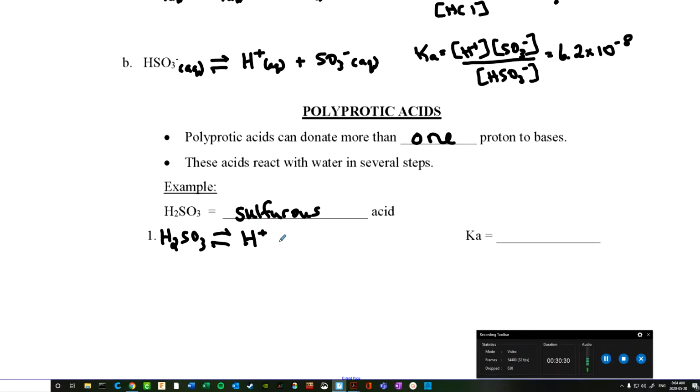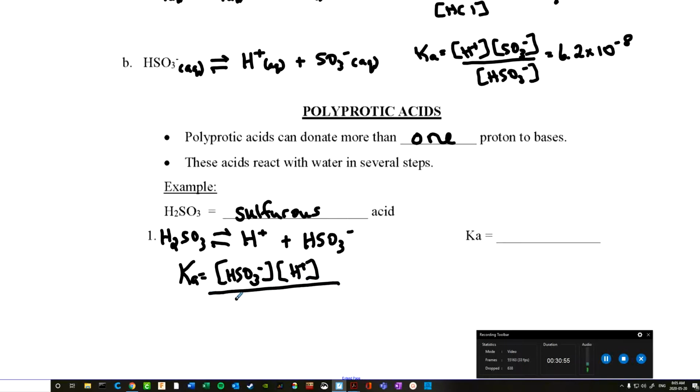So 1 hydrogen ion, and then that leaves HSO3, and if you check your chart, that's got a -1 charge. Okay, so you would write the Ka expression as HSO3 negative times H plus divided by the concentration of H2SO3.